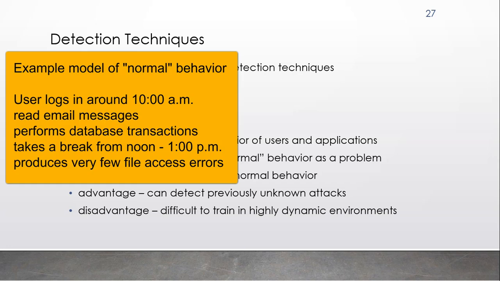Consider a situation where some user typically logs in around 10 a.m. That user reads their mail, then performs database transactions, generally takes a break between noon and 1 p.m., and encounters very few file access errors. Typical normal behavior.